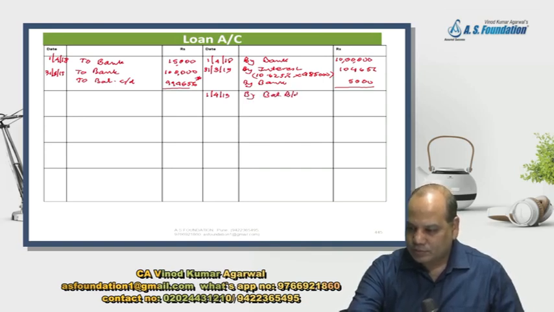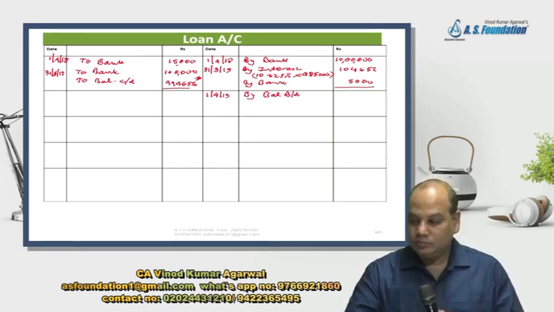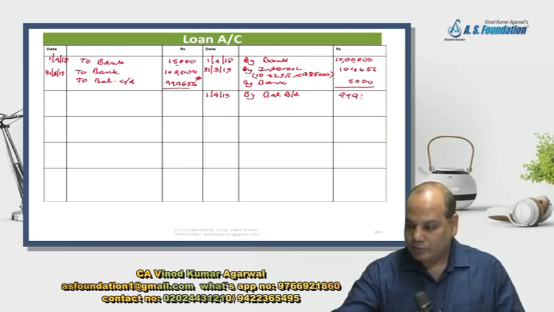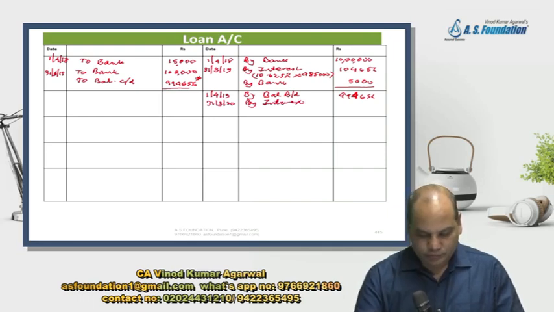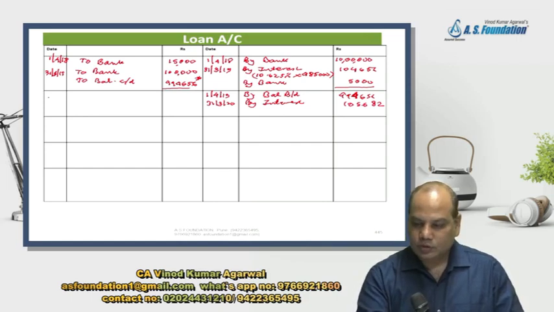By balance brought down 994,656. Then 31st March 20, by interest 105682, and 31st March 2020 to bank. How much? Is it 1 lakh?